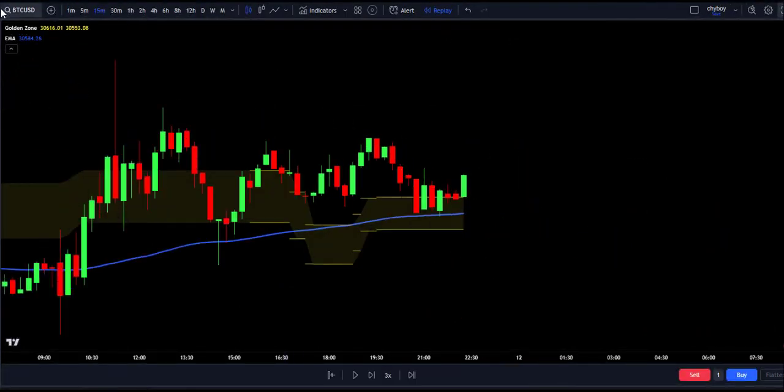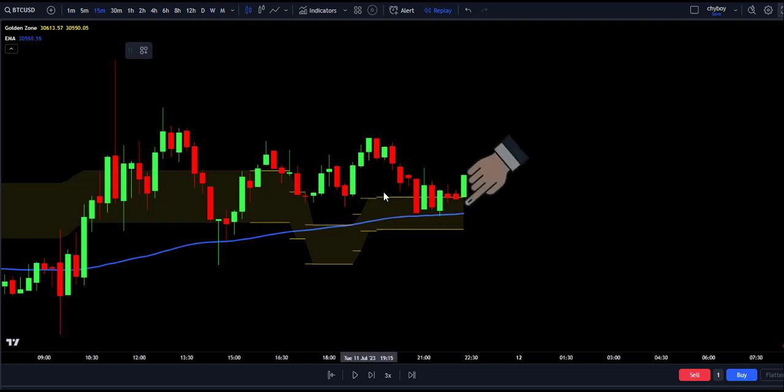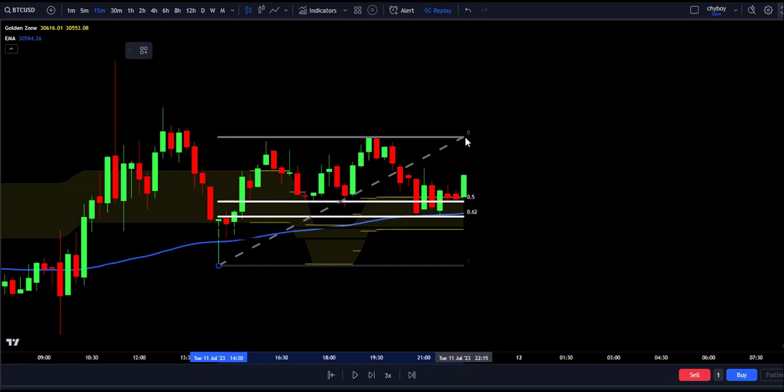Here we are on the price of BTC USD on the 15 minutes time frame. We see that the EMA is below the price, indicating an uptrend. Then we check the price to know what it is really doing. There we see that price has retraced to the golden zone. Then we pop up our Fibonacci tool and draw it from the lower low to the high, and as you can see, the golden zone corresponds with the 61.8%, in the same place where price is bouncing off from.